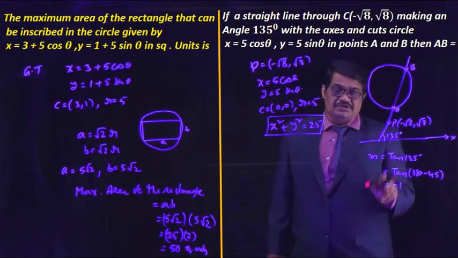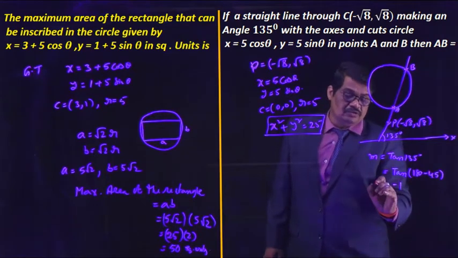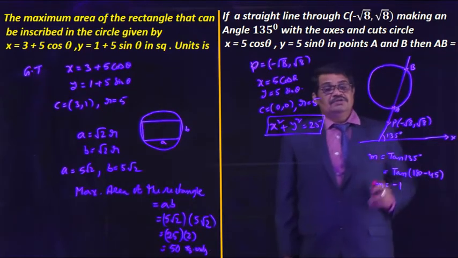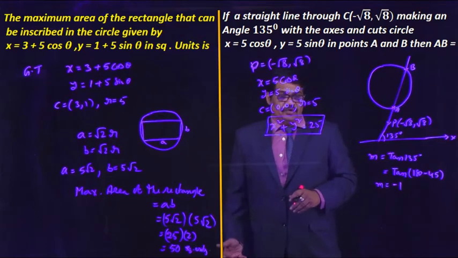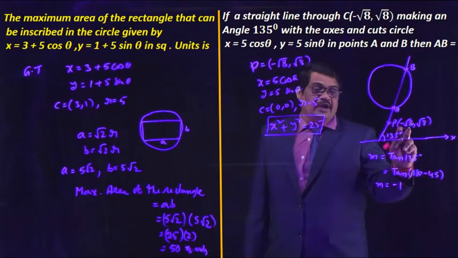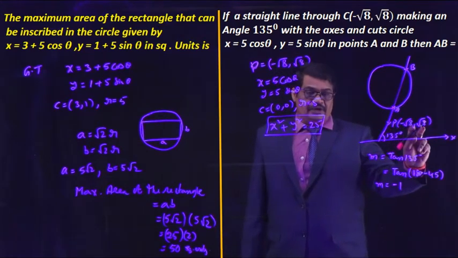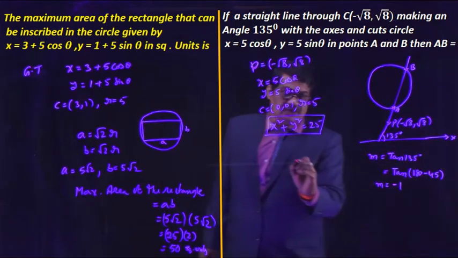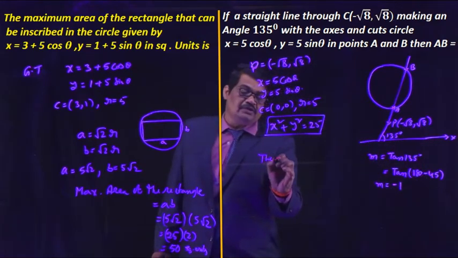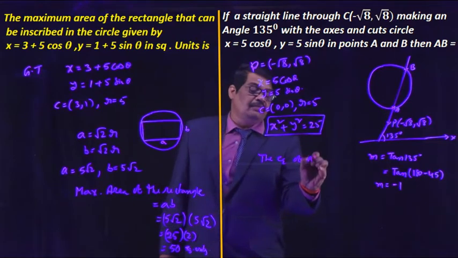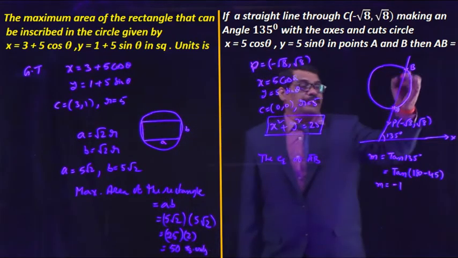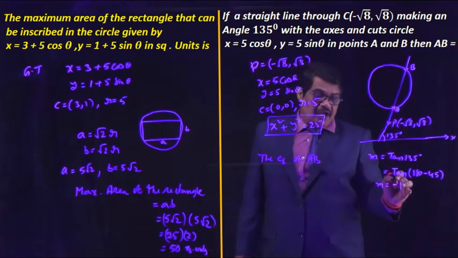So this is in the second quadrant, then m is equal to minus 1. This is the slope of the line AB, passing through the point minus root 8 comma root 8. Now we are writing the equation of AB, passing through the point and having the slope.